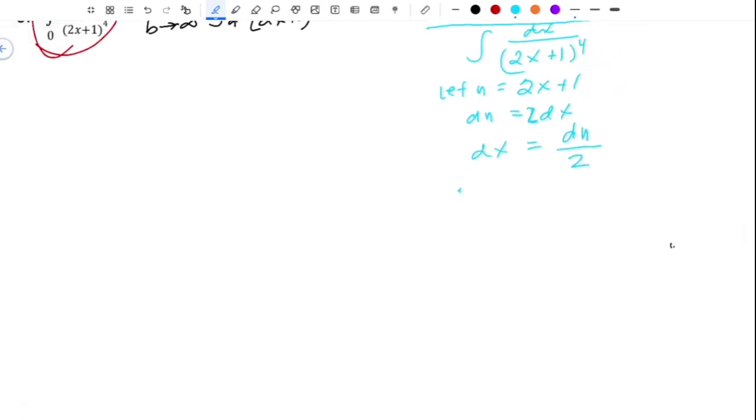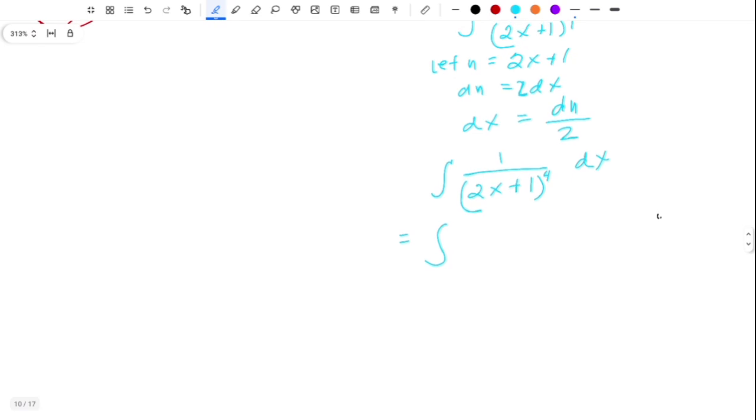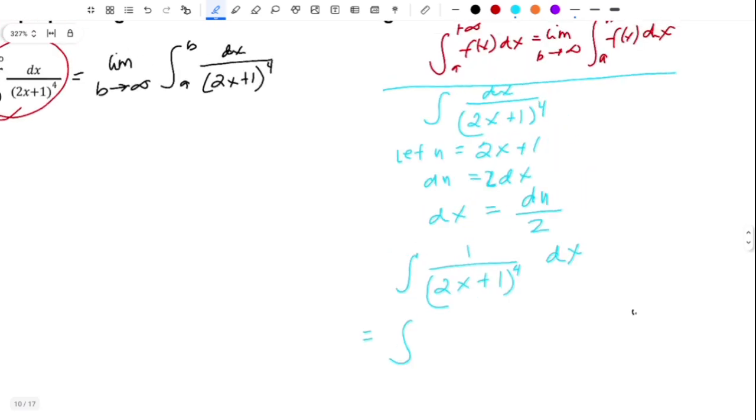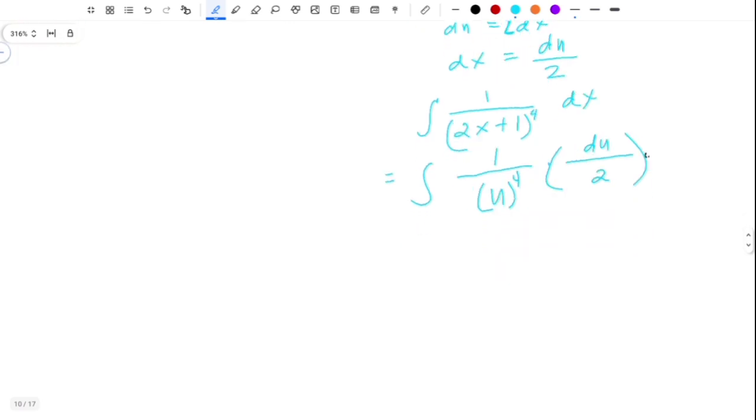Okay, let us solve this further. You can write the expression as 1 over (2x plus 1) raised to 4 dx. Then substitute the u. You will have 1 over u raised to 4, and our dx is du over 2. Now we can put our constant outside the integral.